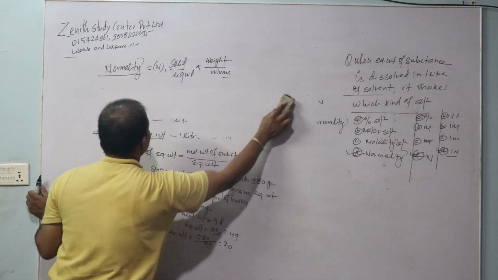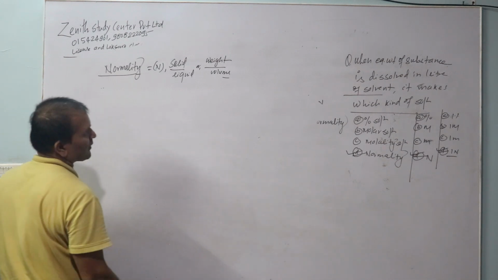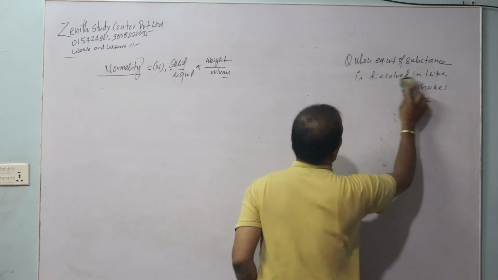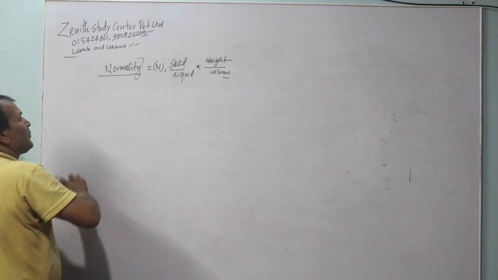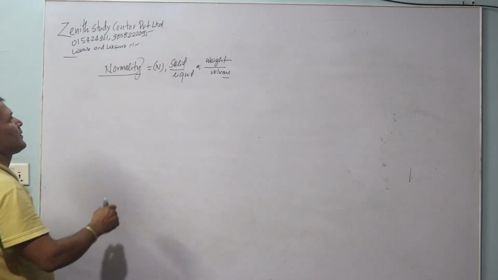So what are the key points of normality? The key point is equivalent weight in 1 liter. If you know the molecular weight, you can also calculate the equivalent weight.